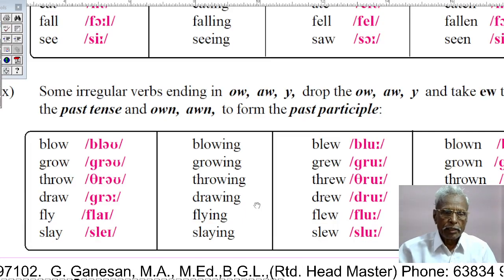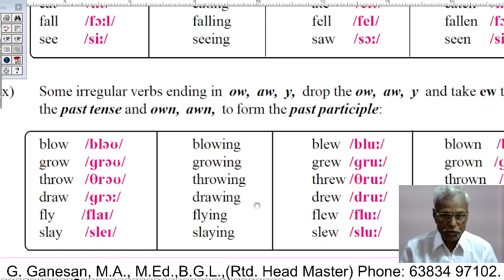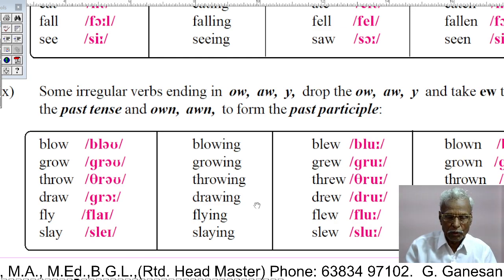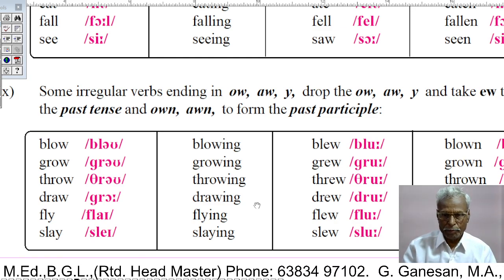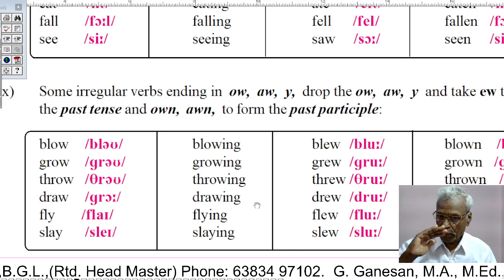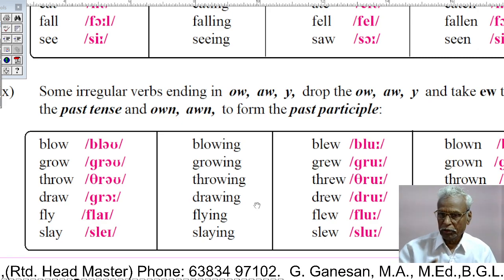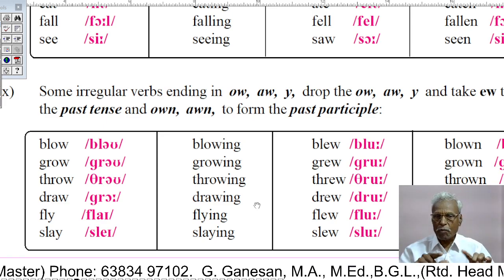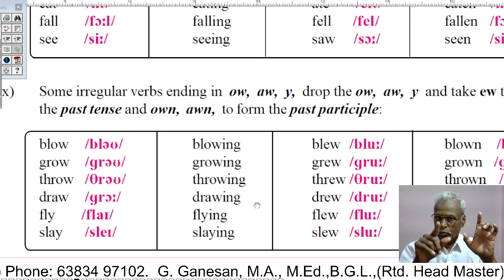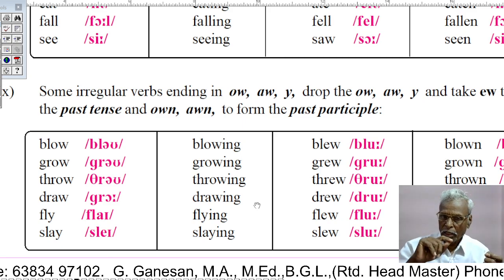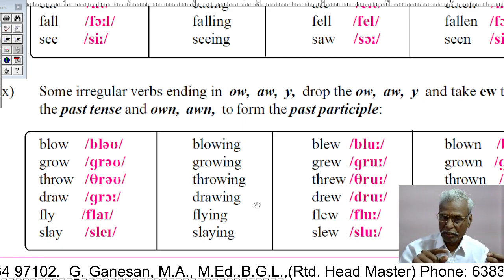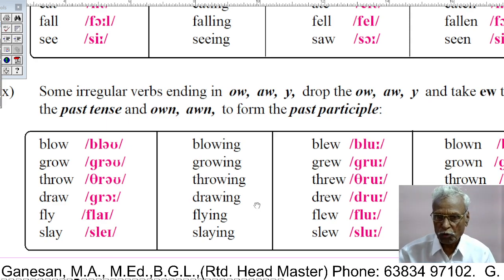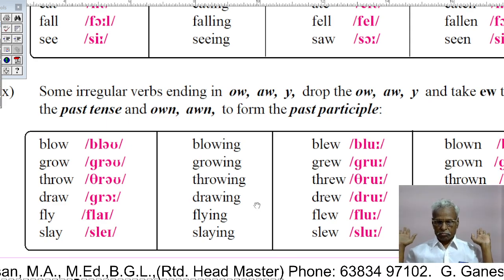Then, ninth rule, irregular verbs ending with OW, AW, or Y. Drop the OW, AW, Y and take EW to form the past tense, and OWN and AWN to form the past participle.